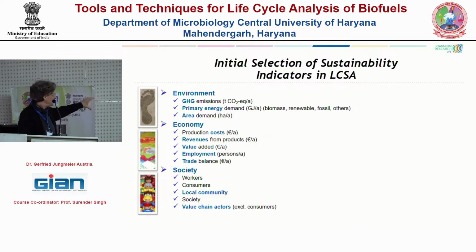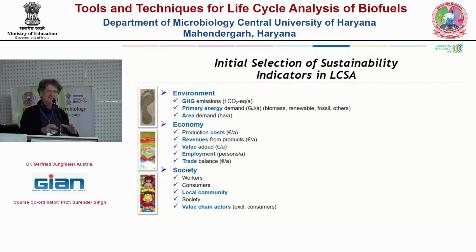To describe the society is even more complex than describing the environmental aspect, but social life cycle assessment is also something coming up, and at my institute we have different experts in the different fields. The system boundaries, and that's also the homework you have to do and present more tomorrow, are the same for the economics and the society also.